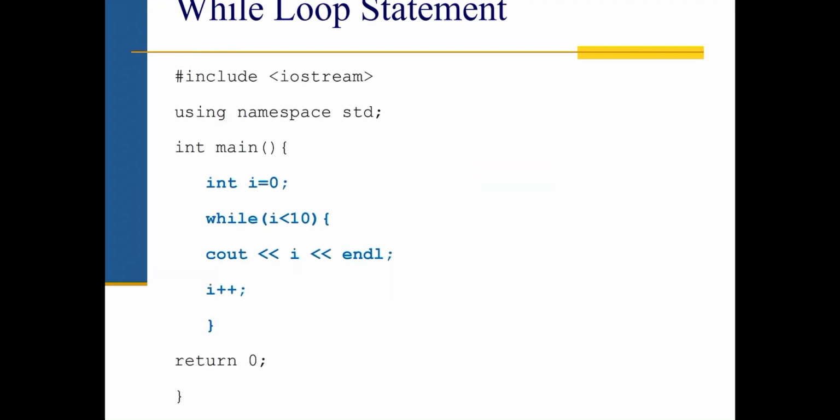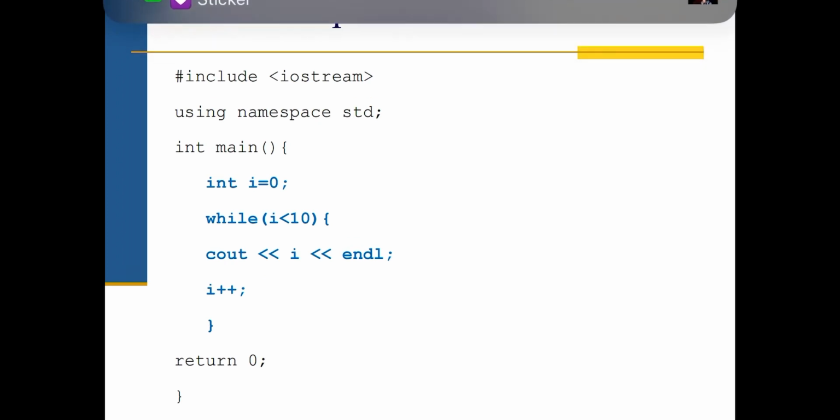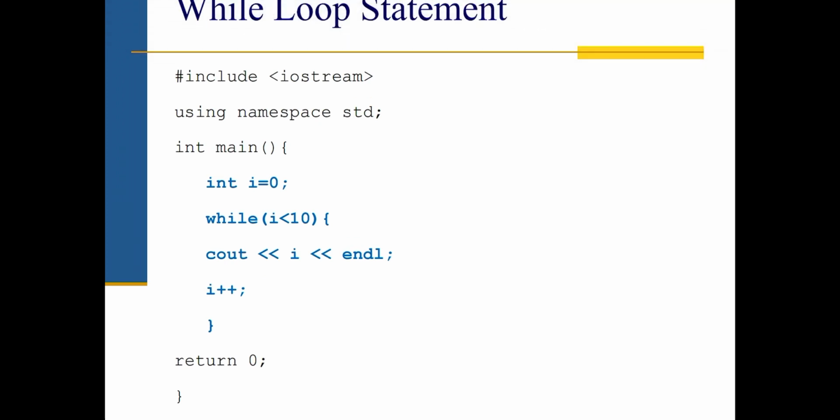And so this is a practical example for it. int i equals 0, then you terminate. While i is less than 10, you open a curly brace, cout i, then you bring your i plus plus.